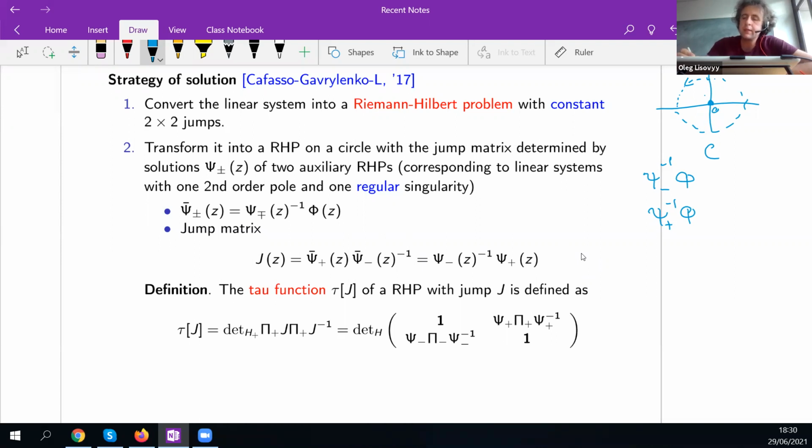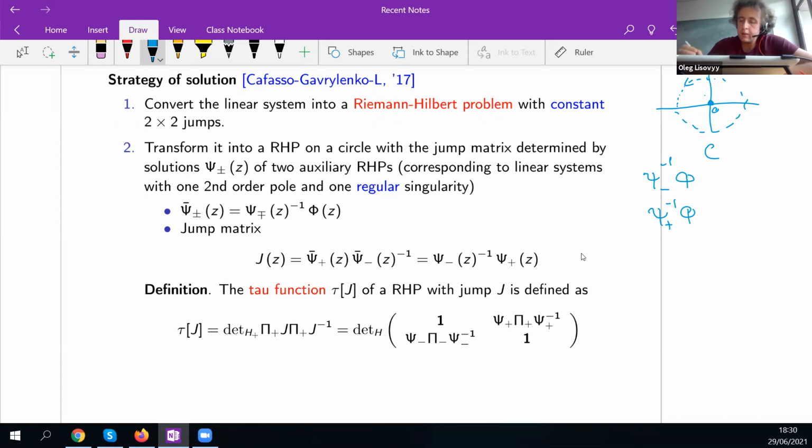where this psi minus and psi plus are solutions of these auxiliary simpler systems outside, having one Fuchsian singularity and one irregular singularity. So one is at 0, another one at infinity.